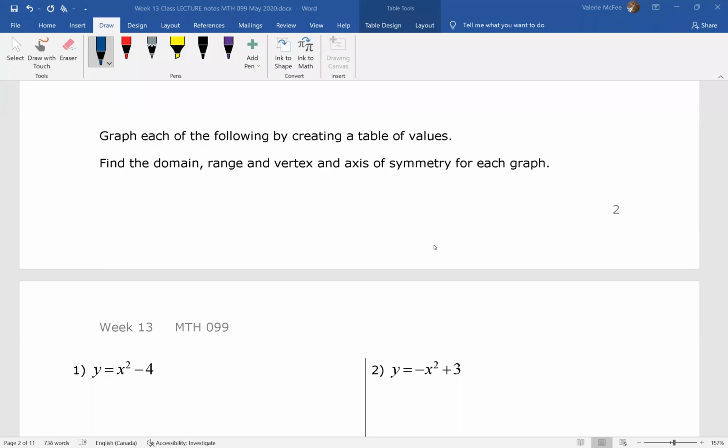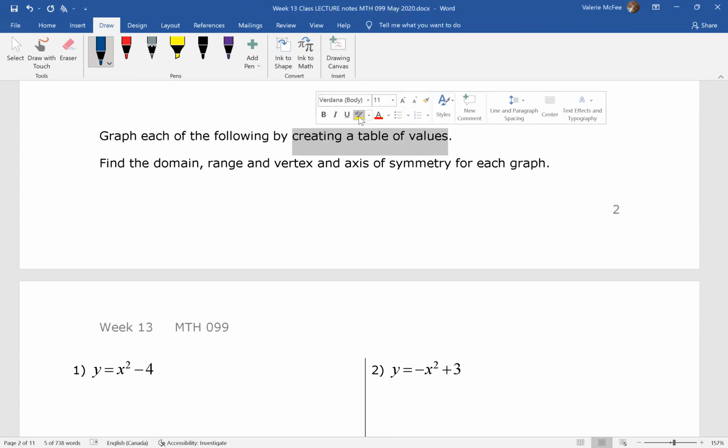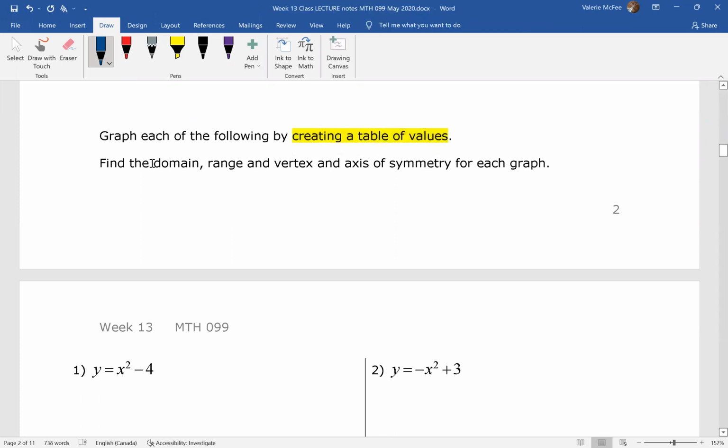So we want to continue with graphing quadratic equations, but now we're going to do some adding and subtracting from the basic function. We're going to use a table of values to graph each of these equations. I want you also to find the domain, the range, the vertex, and the axis of symmetry for each of the graphs.